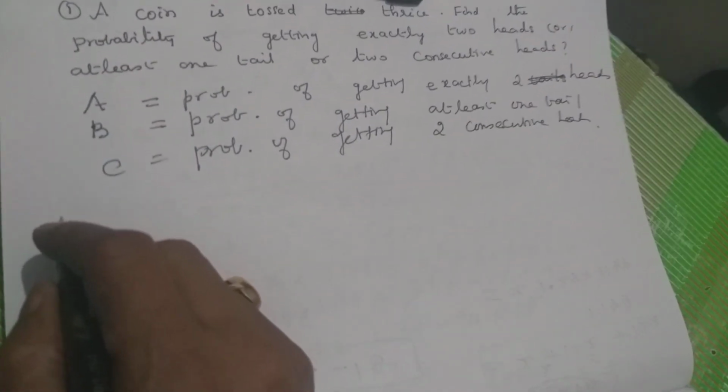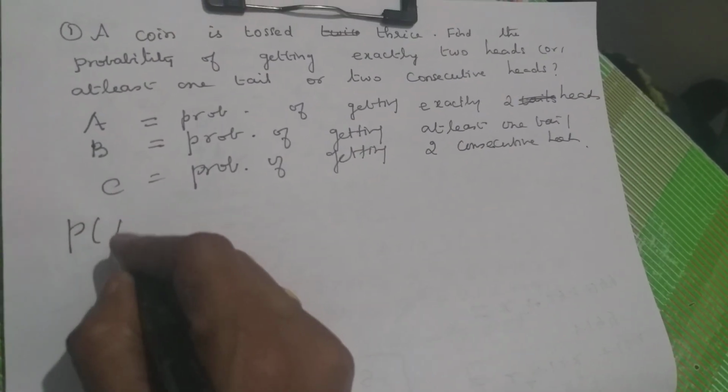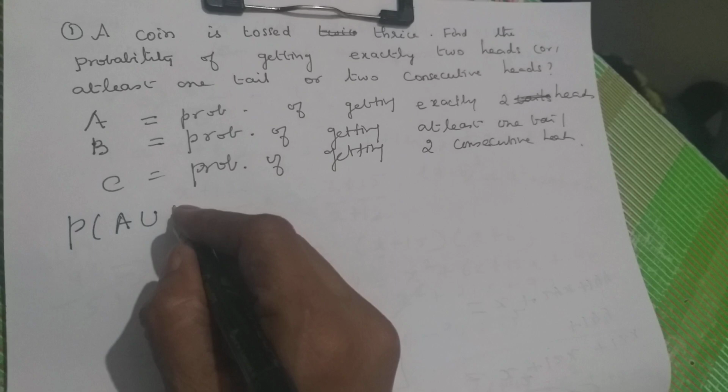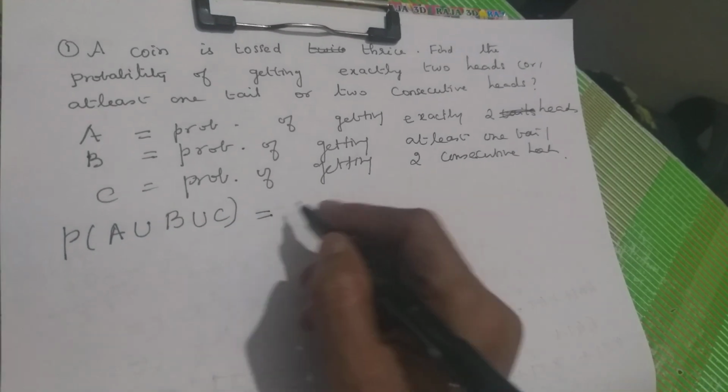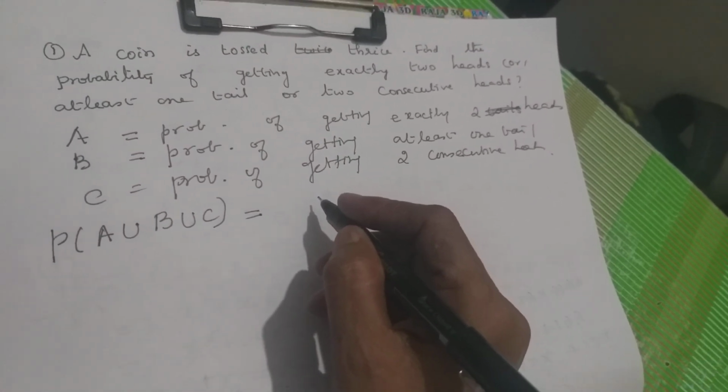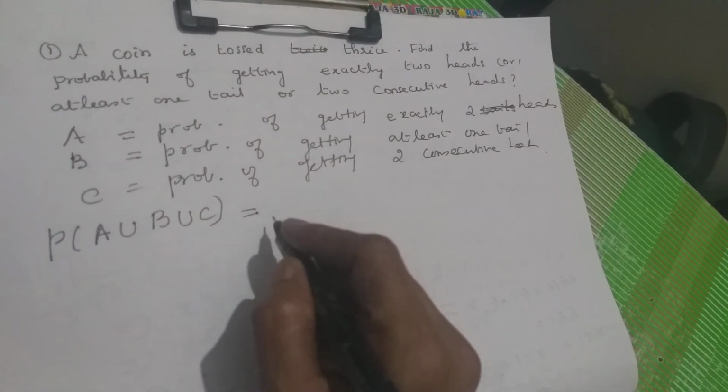So in probability, we know the formula you have to apply to find or, if many are given, you have to take P of A union B union C. In set language, you studied the same formula, n of A union B union C. Same way here it is P, probability.